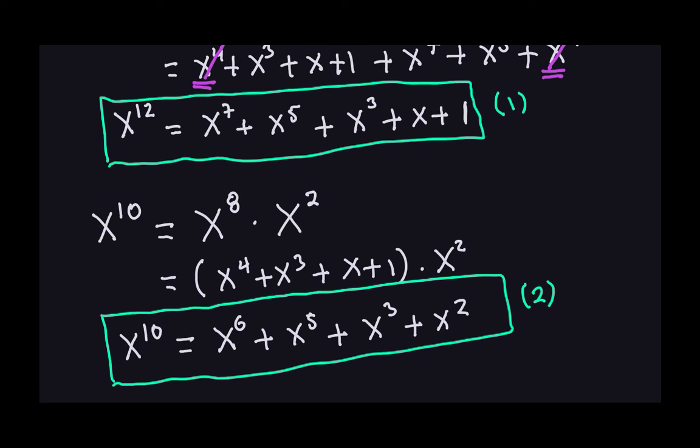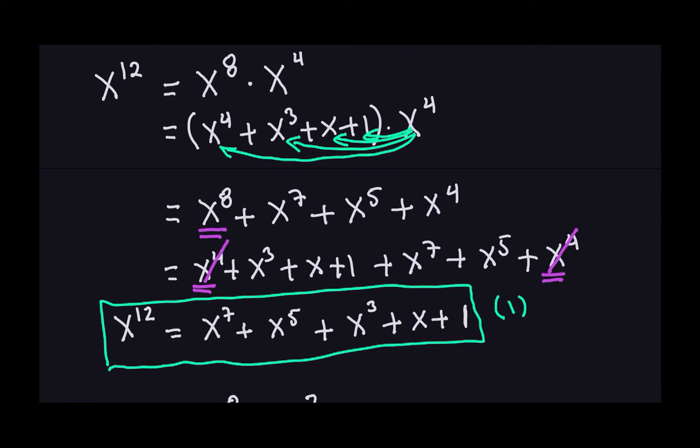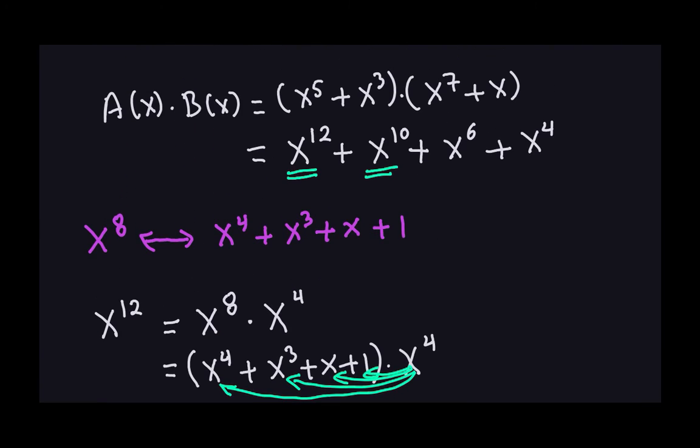What I have to do right now, and this is the final part of the process, is replace x to the 12 by the polynomial which I just found, replace x to the 10 by the polynomial I just found, and add x to the 6 and x to the 4th, right? So let's do that, and that would be the answer after you, of course, simplify the whole thing.